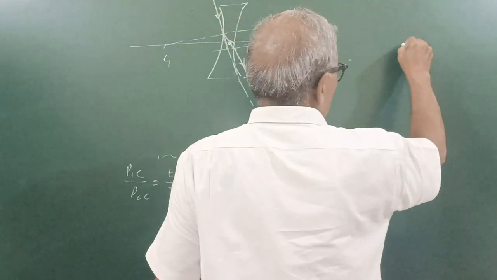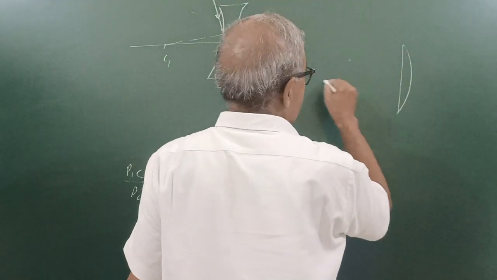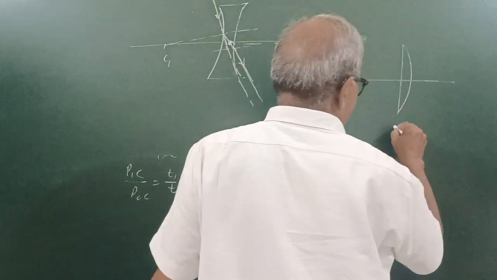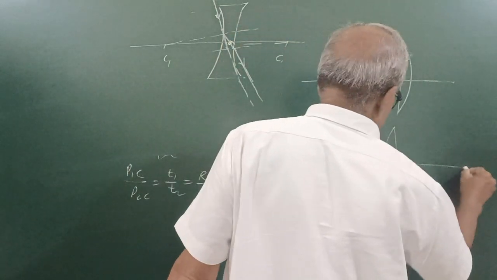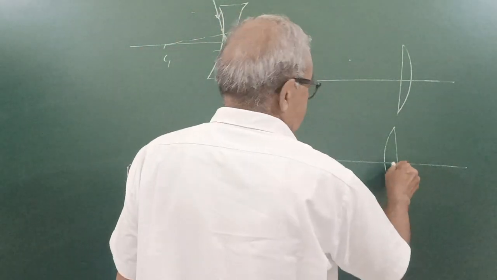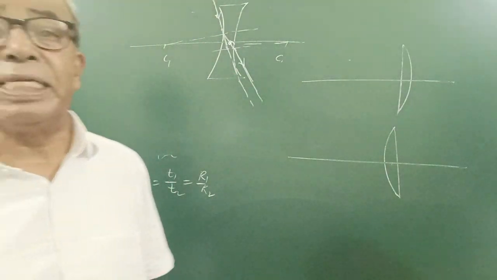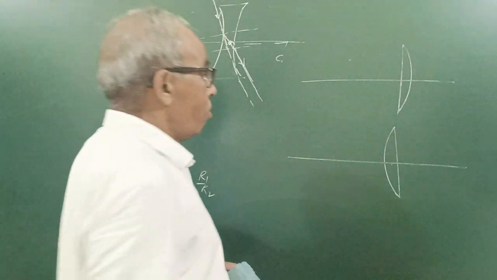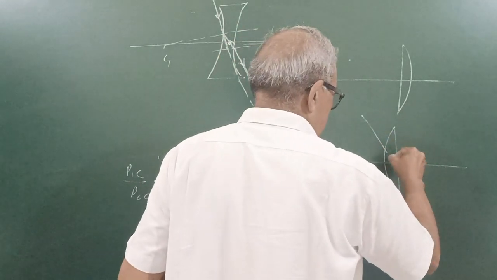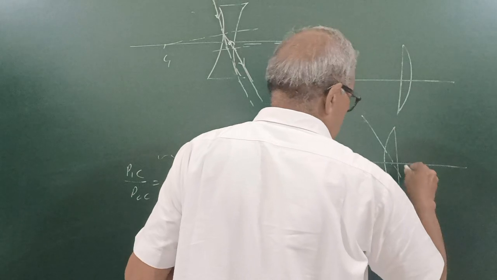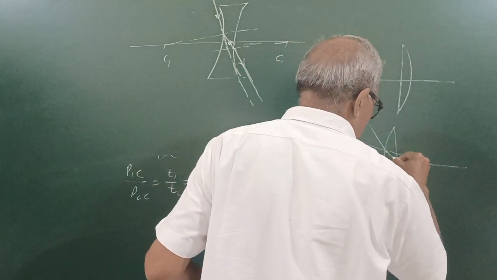Now if it is plano-convex, or like this, the radius of curvature of the plane surface is supposed to be infinity. So here I take the ray like this. It was going like this. Here, toward the center of curvature, it will bend toward the normal.